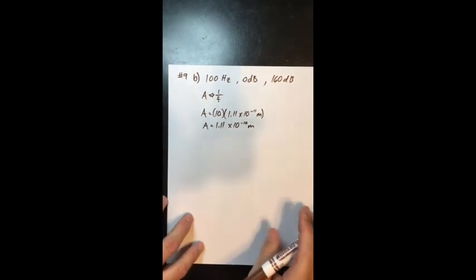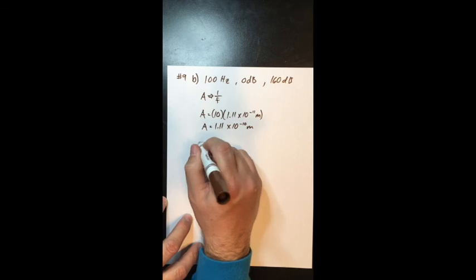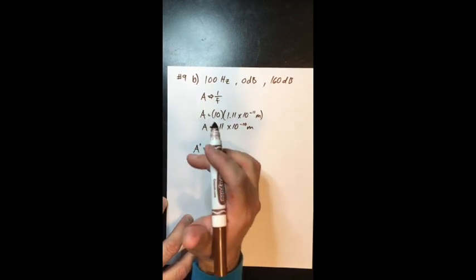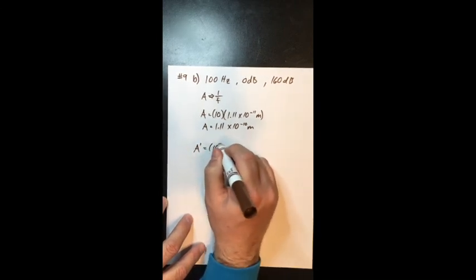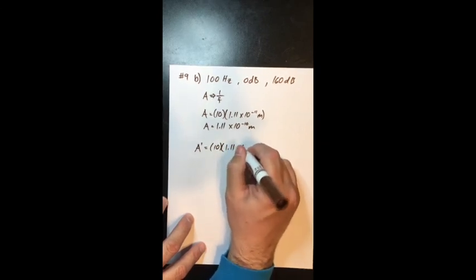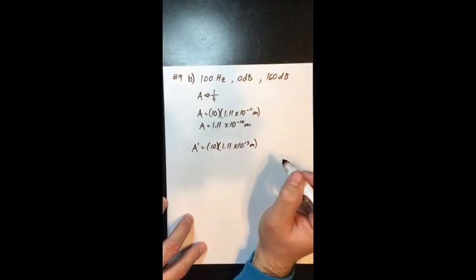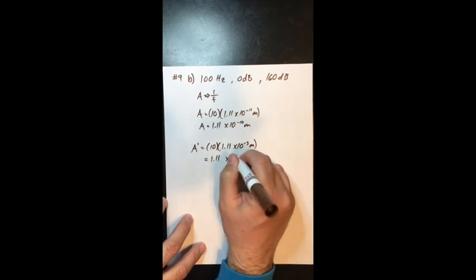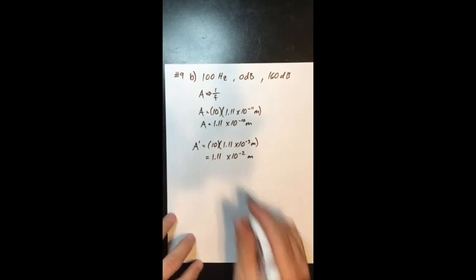Okay, so still pretty darn small. Then for 100 hertz at 160 decibels, the same calculation, but using the second number. So we're 10 times our second answer to part A, which was 1.11 times 10 to the negative 3rd. Multiplying that, we get 1.11 times 10 to the negative 2nd meters, which is actually 1.11 centimeters.